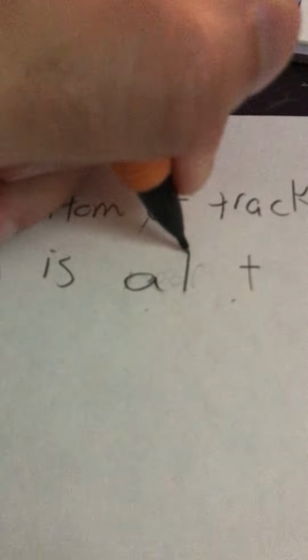Is not near, it's at the top of the track. Not near, it's at the top points on the track. All right, so that is part B. And now part C.